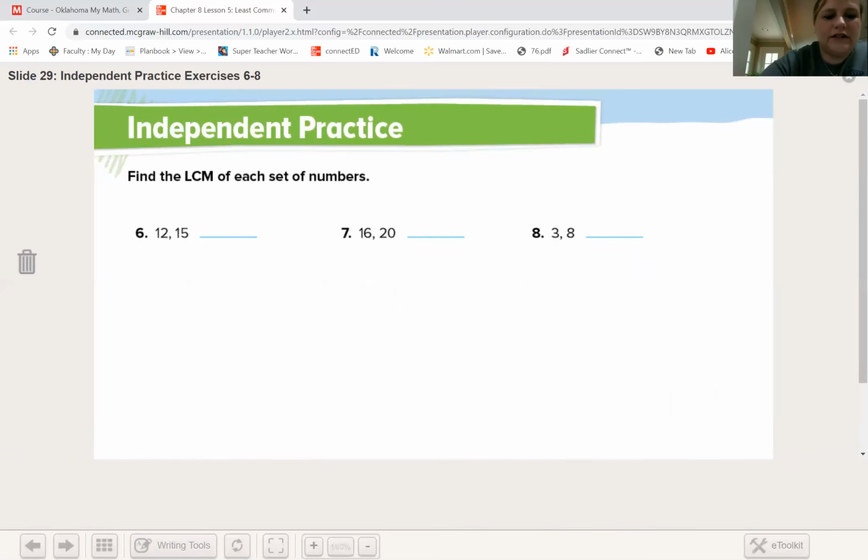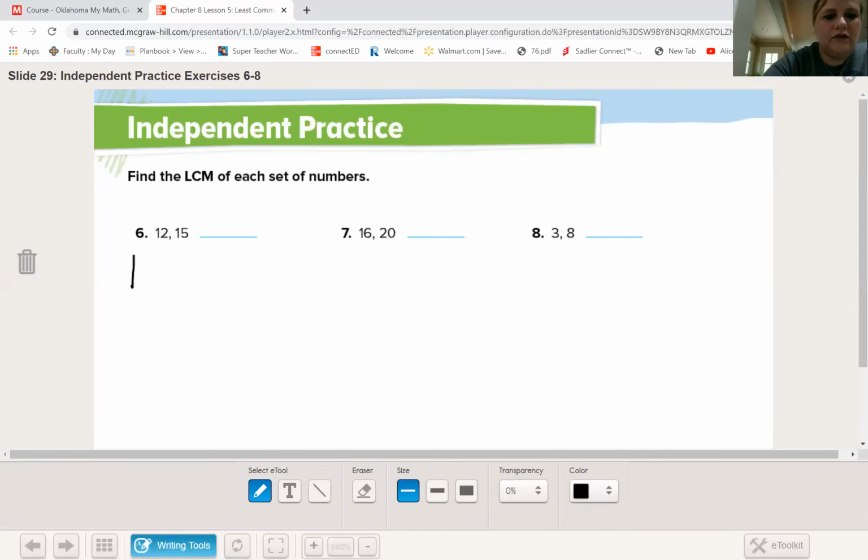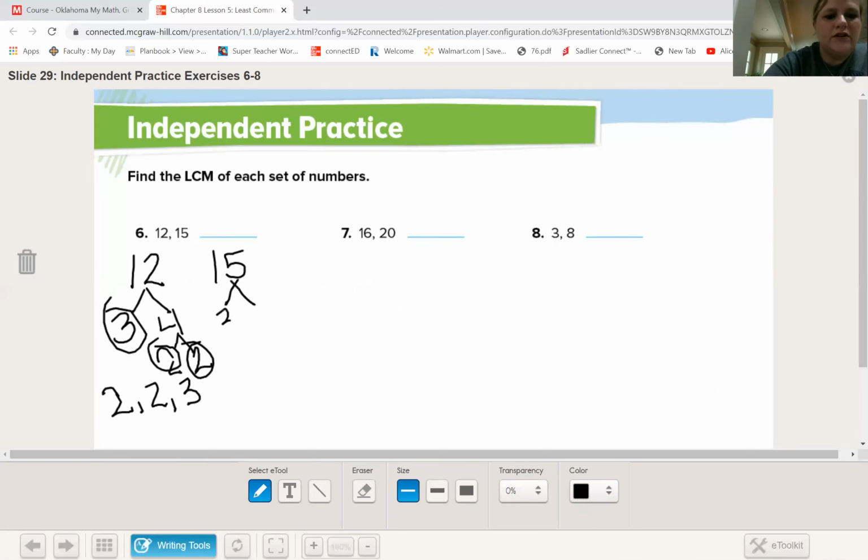Okay, independent practice some more here. Okay, 12 and 15. 12 becomes 3 and 4, 2 and 2. So 2, 2, 3 for the prime factors of 12. 3 and 5 for the prime factors of 15.